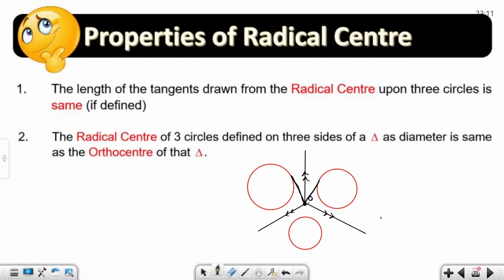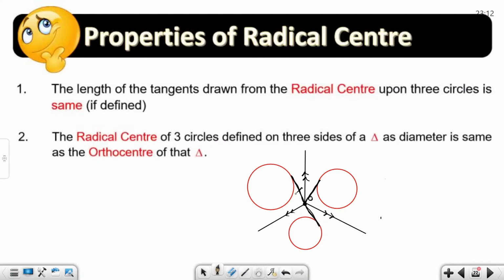Again, from this point, if we draw this tangent and this tangent, they are again going to be of equal length, because from any point on the radical axis, if you draw tangents to the given circles, the length of the tangent will be equal.